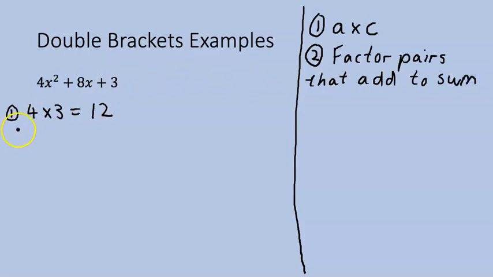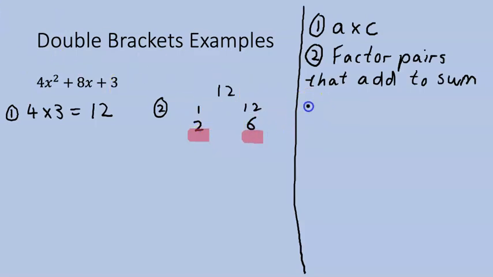So let's have a go. Step 2. 12, I know I've got 1 times 12. And then another pair, 2 goes into 12. 2 times what? 6. 2 plus 6 add up to 8, so I'm done. I know I've got 2, and I know I've got 6. So I've got 2 here, and I've got 6.